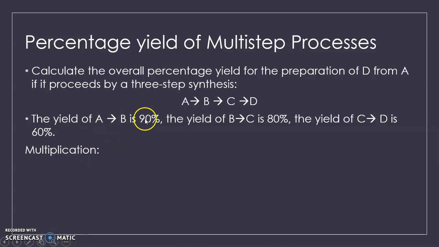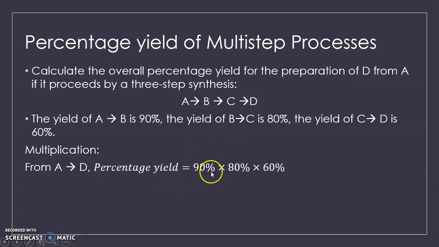In this case, A to B is 90%, B to C is 80%, C to D is 60%. We multiply them together and have the overall 43.2% from A to D. So less than half of A is actually turning into D.